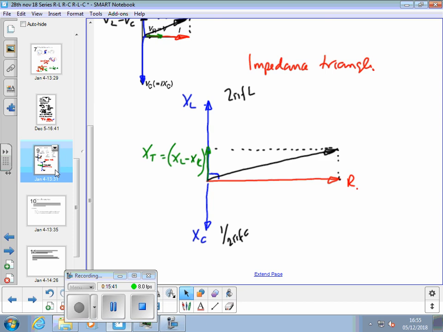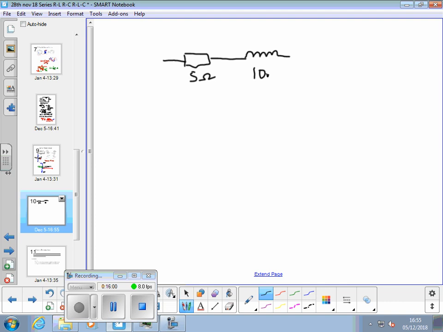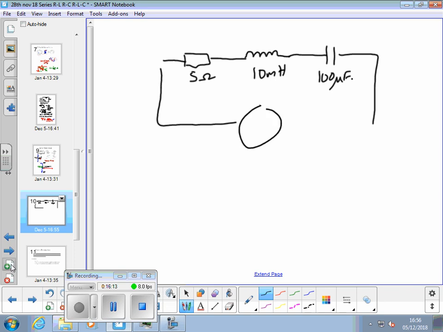So if we have a look at an example circuit based upon that, with 10 millihenries and 10 volts.